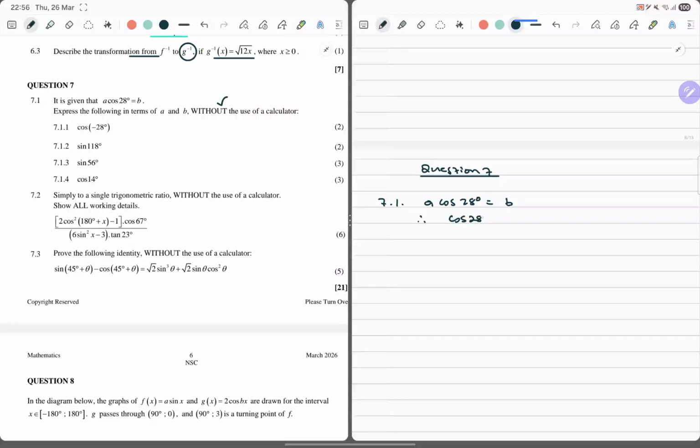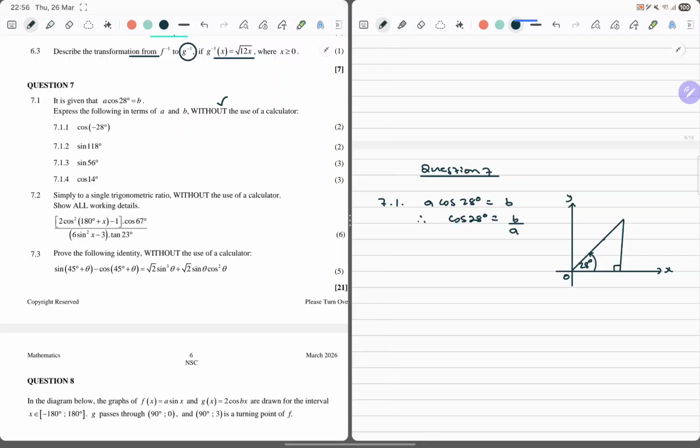Therefore, cos 28 degrees is going to be b over a. Now we know that 28 degrees is an acute angle in the first quadrant. So we don't need to be invited as to where this is. 28 degrees. That's y, that's x, that's the origin.